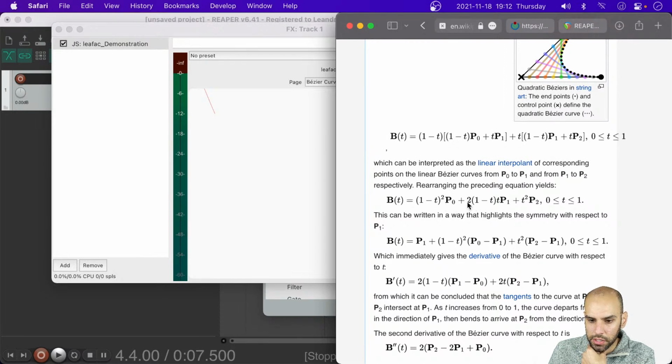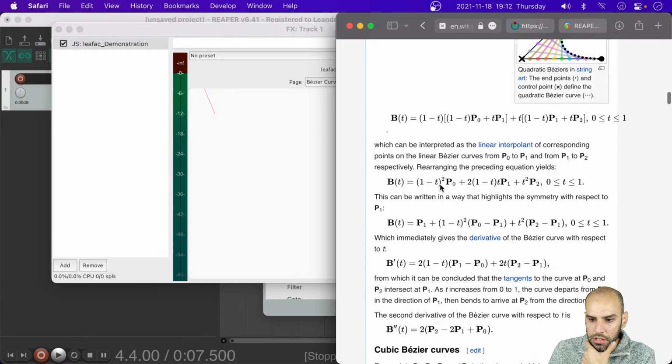And then you can see the squares. In this one, there are two squares. Then there are three terms with multiplication. In this one, there are two. And this is actually not too bad.